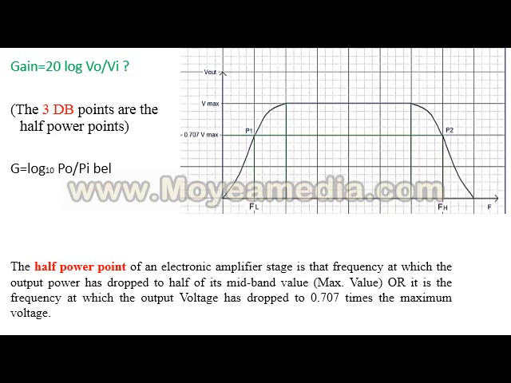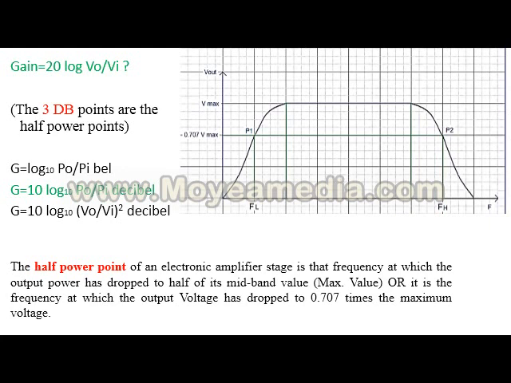Alexander Graham Bell introduced the concept, so we have Bell in this equation. Now we can say that it is equal to 10 log Pout by Pin decibel. Deci represents 10.